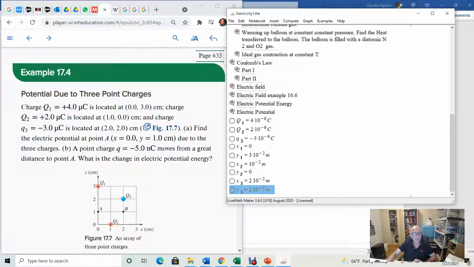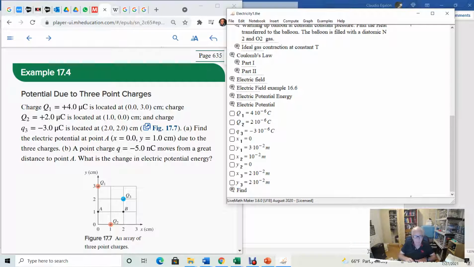Find the electric potential at point A. Find the potential at x equal to 0 and y equal to 0.01 meters.